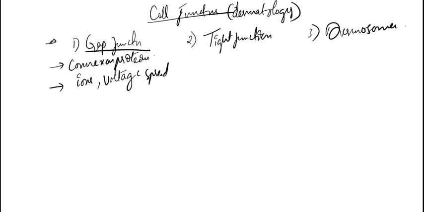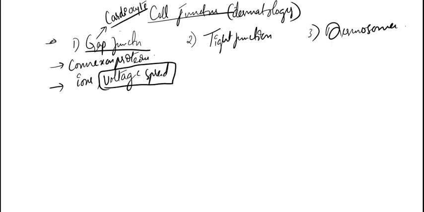Now with the help of this statement, can you tell me one example for gap junction? Myocardial cell, sorry, not myocyte. I did not write the complete statement. It's cardiocyte, or you can also call it myocardial cell. Why?